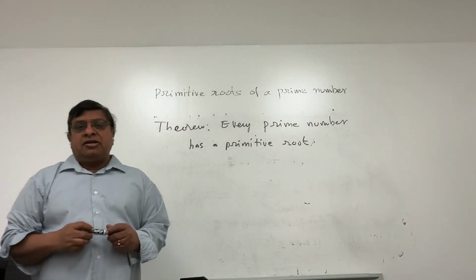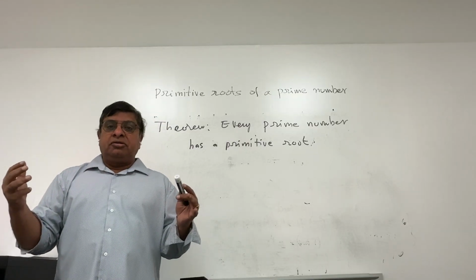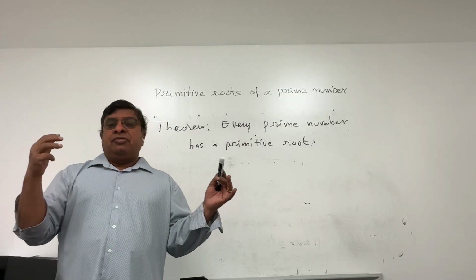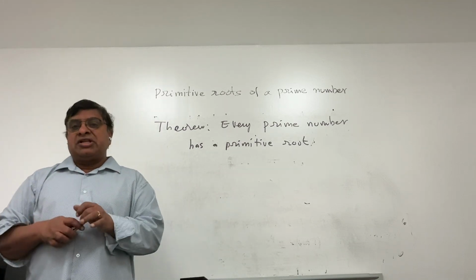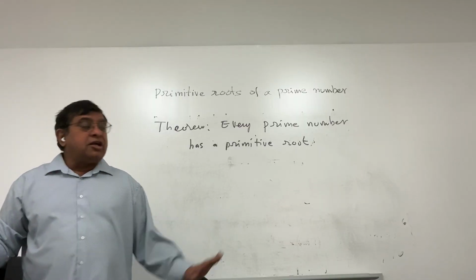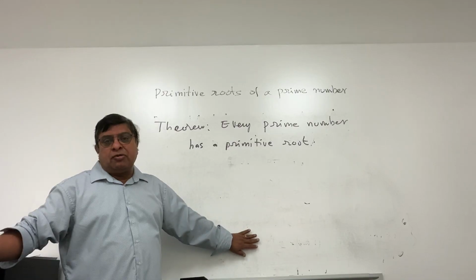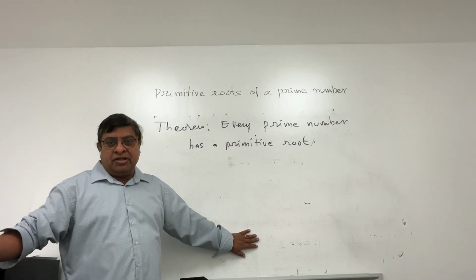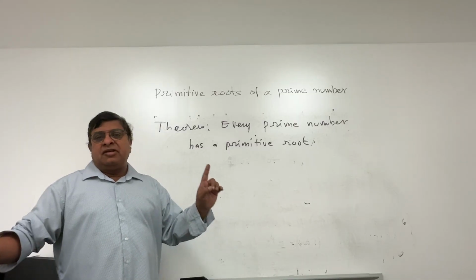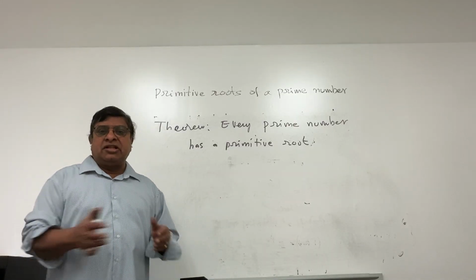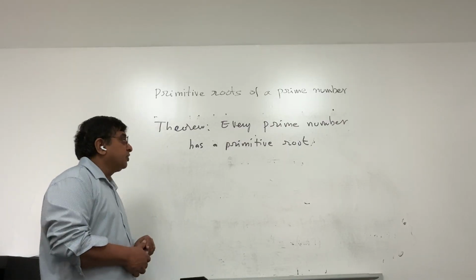As a matter of fact, it will have many, and there is a number that will tell you how many primitive roots a prime could have, but we're not going to do that, so we're going to assume this. Since we'll be dealing with small primes in this class, you will be able to figure them out quickly by computing different powers of a number and seeing whether they span the whole list 1 through p minus 1. That's one.